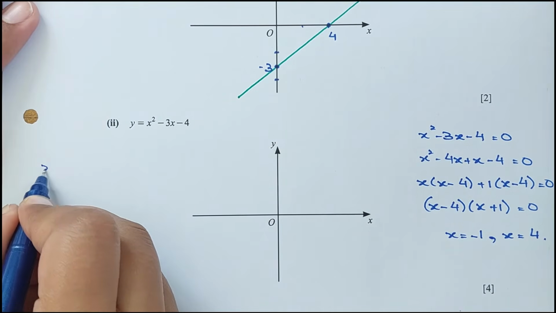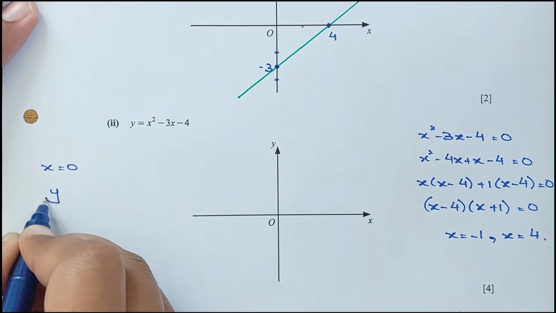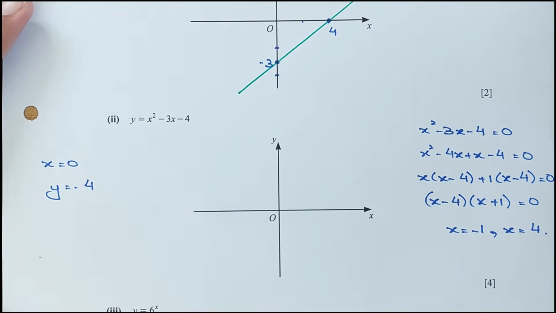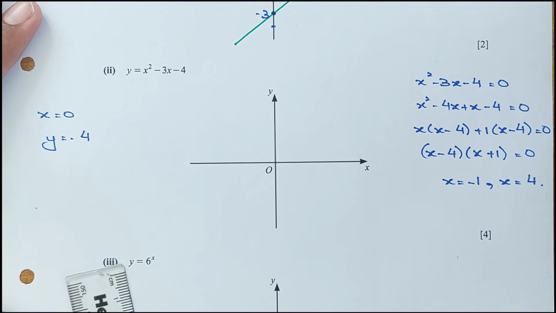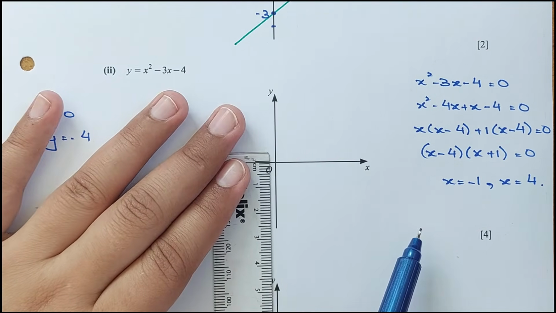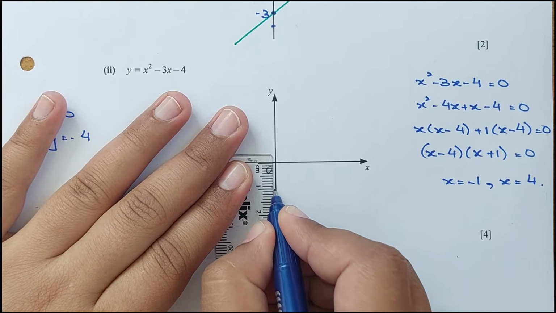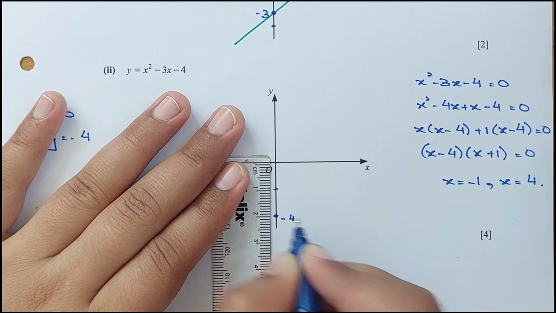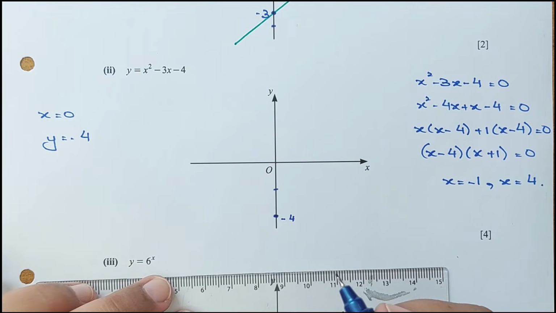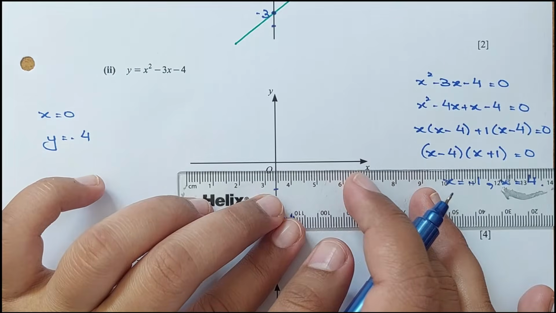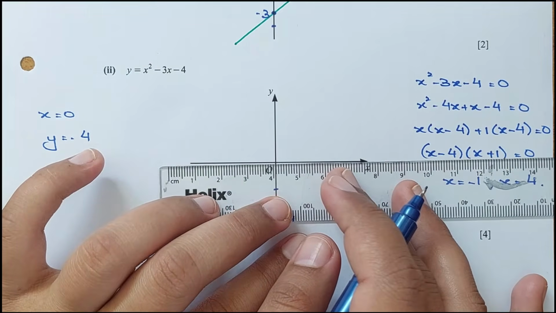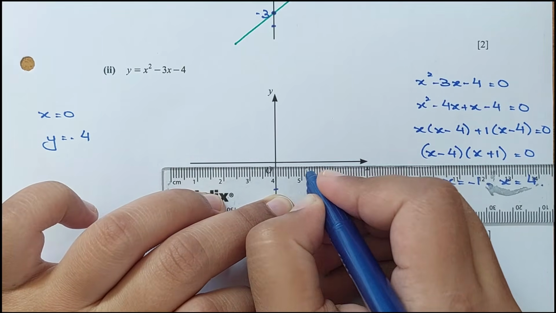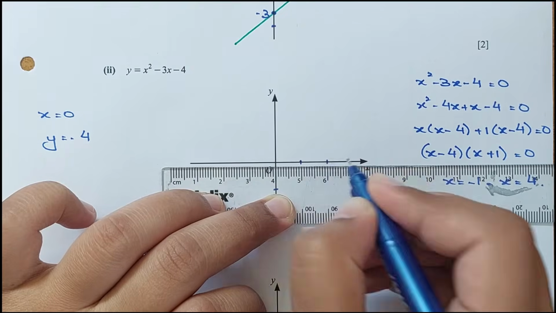And the y-intercept, when x value equals to 0, y is equals to negative 4, right? So let me label the points. So y is negative 4 downward. This is 1, 2. Let's say this is 2 and 4. So negative 4, and x value are, okay, this would be positive 4, 2, 4.